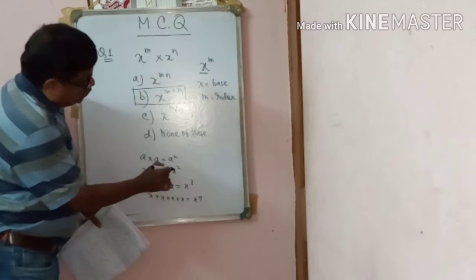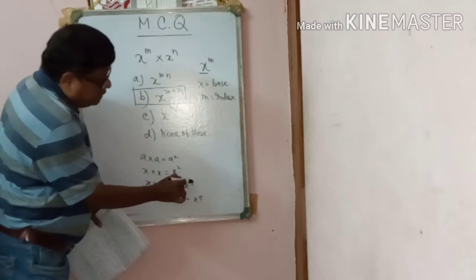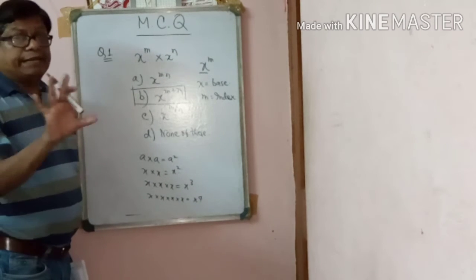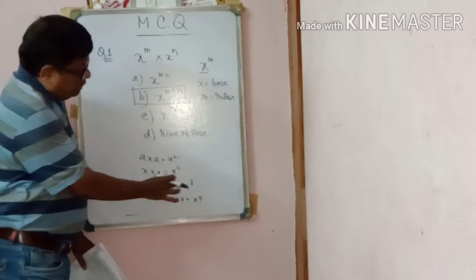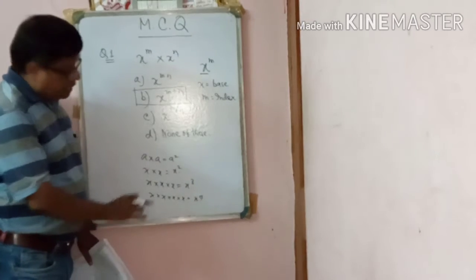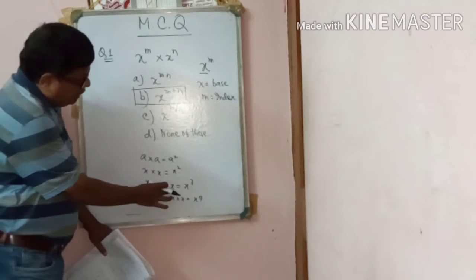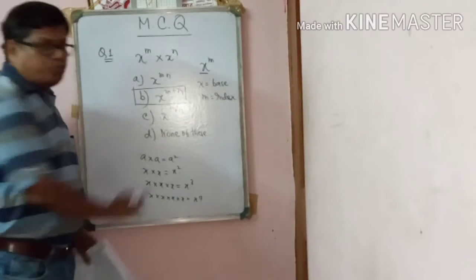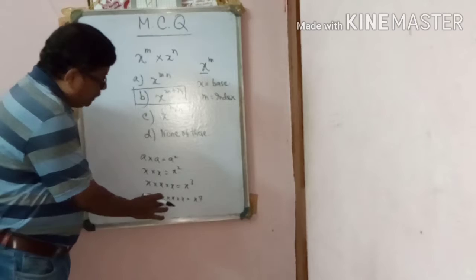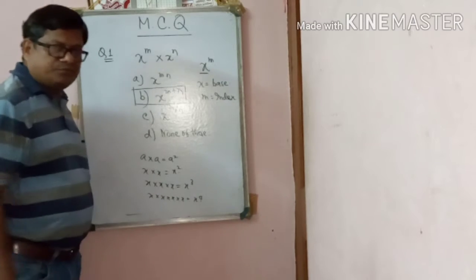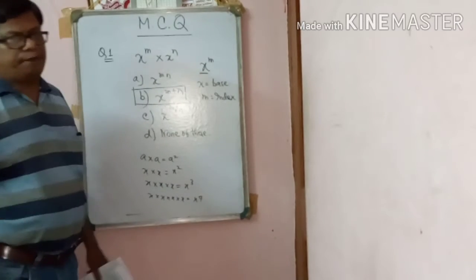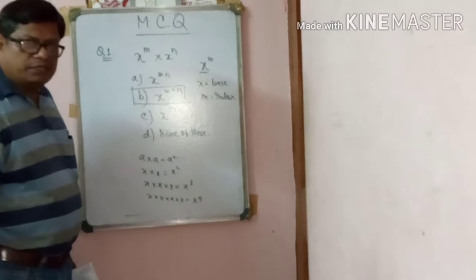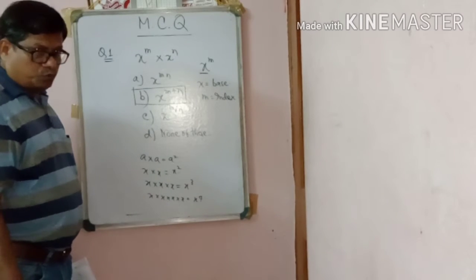See, 2, 3, 4 are all positive integers, not negative. Keep that in mind.